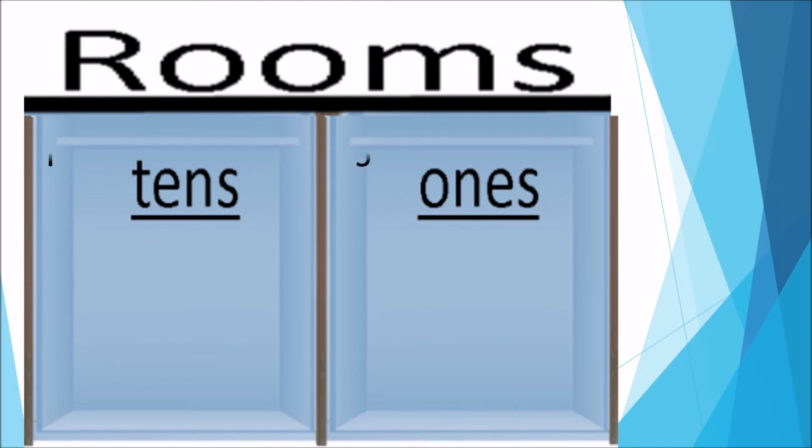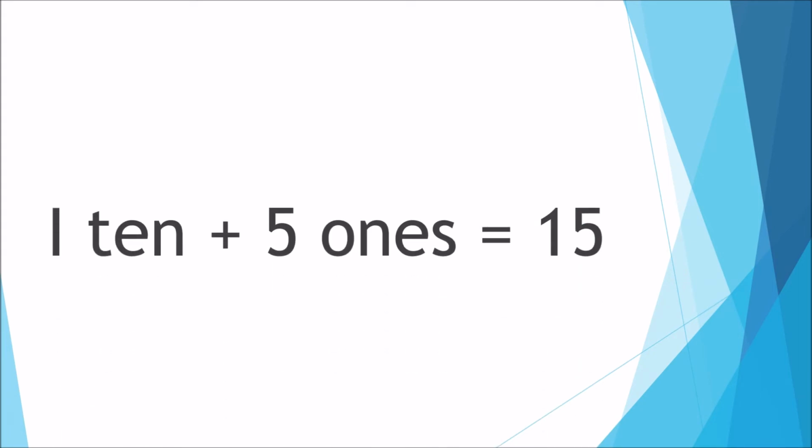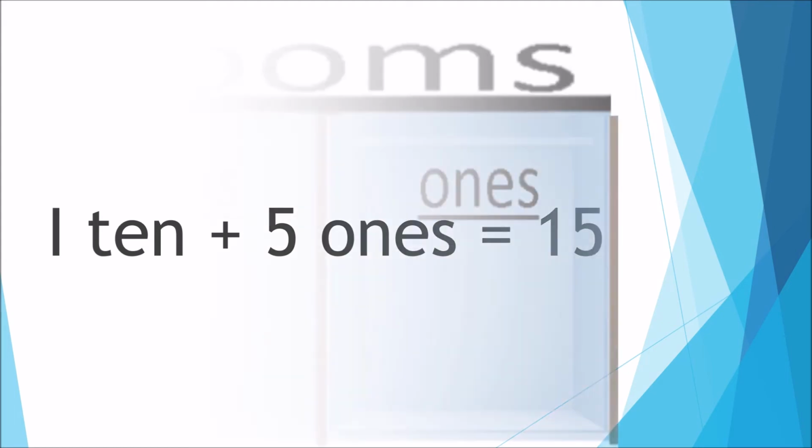Remember, 1 digit at a time in a room. 1 in the tens room and 5 in the ones room. Can you call that number? 1 ten plus 5 ones equals 15. Very good. That number is 15.